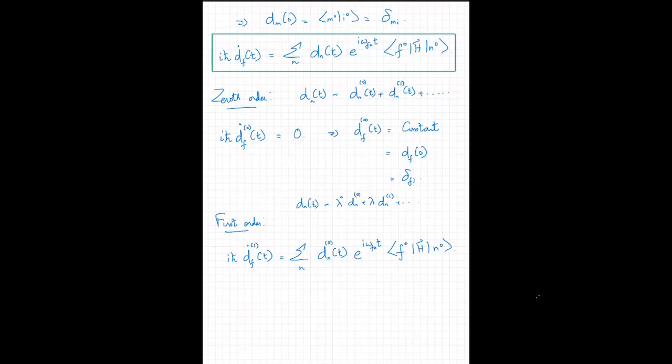Okay, so that is what I am writing. There is no zeroth order term on the right hand side, and there is precisely one first order term on the right hand side. Similarly, if I calculate the second order term, then I will have the first order term in dn times the matrix element. If I want to calculate the third order correction on the right hand side, then I will have the second order dn here times the perturbation, so on and so forth. Okay.